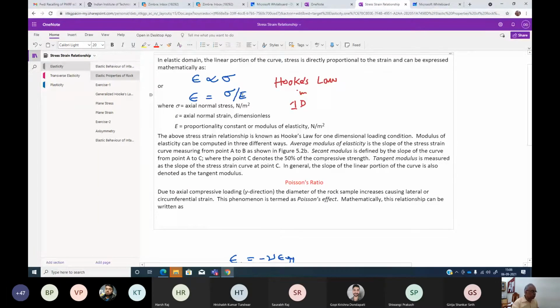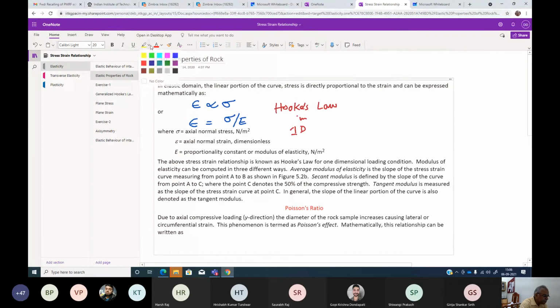Now I also told you about the modulus of elasticity: there are some average modulus and there will be some secant modulus.